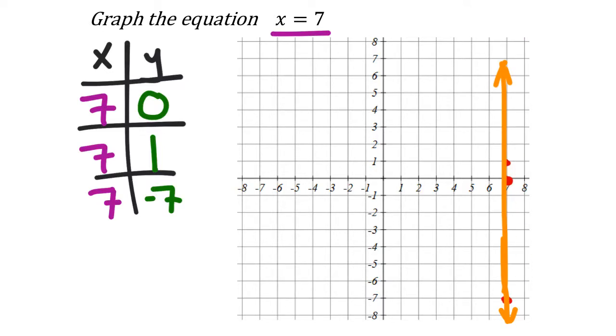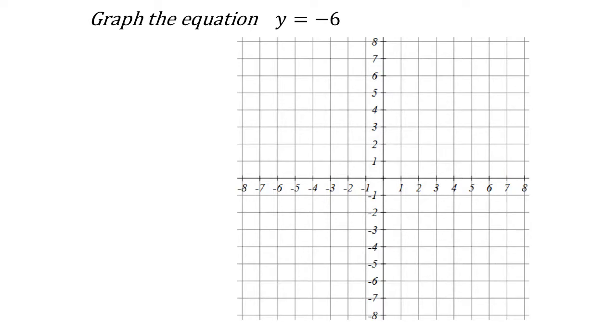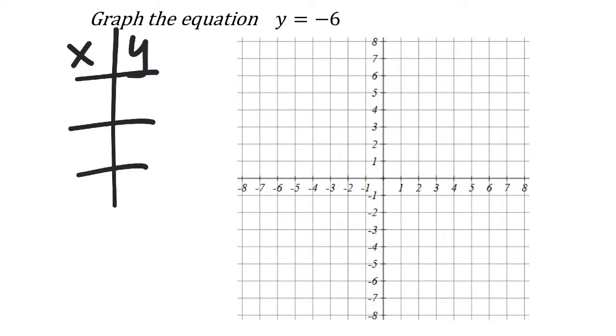And that brings us to the next scenario. In the last problem, we had x equals. So what is it when it's y equals? Well, this one says y equals -6. Again, the ordered pair needs to make the equation true. Now, it shows y equals -6.